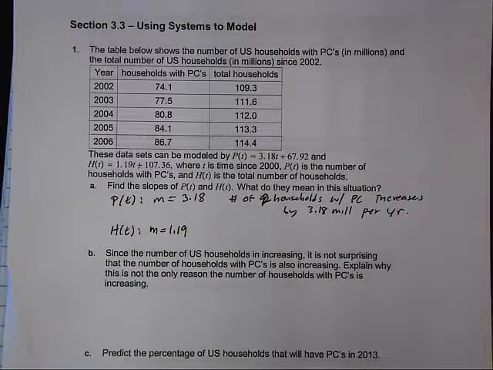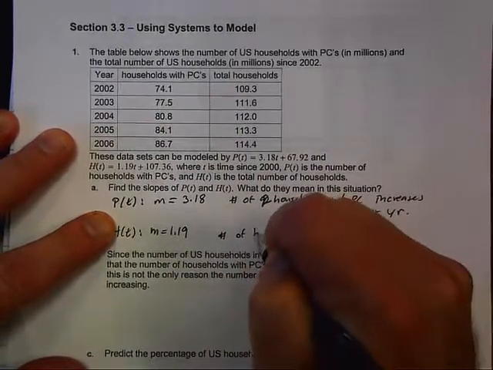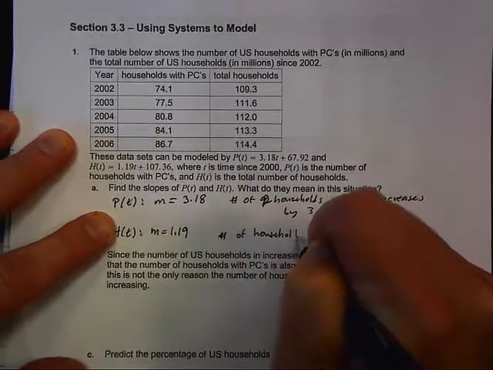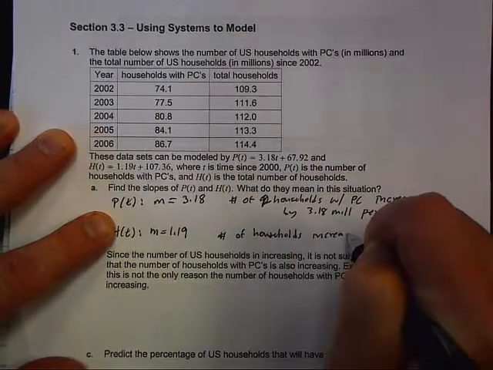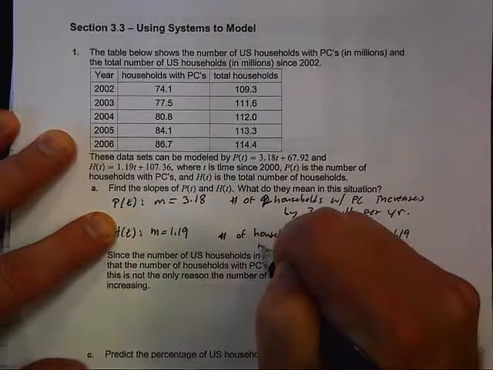That's what that number tells me. Roughly 3 million households per year are getting a PC for the first time. And the slope for H of t is 1.19. What does that tell us? The number of households increases by 1.19 million per year.